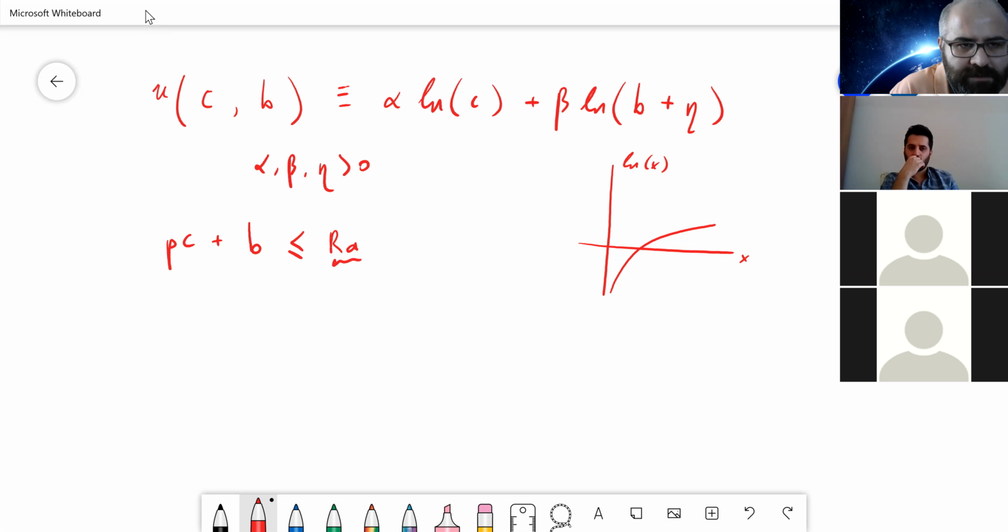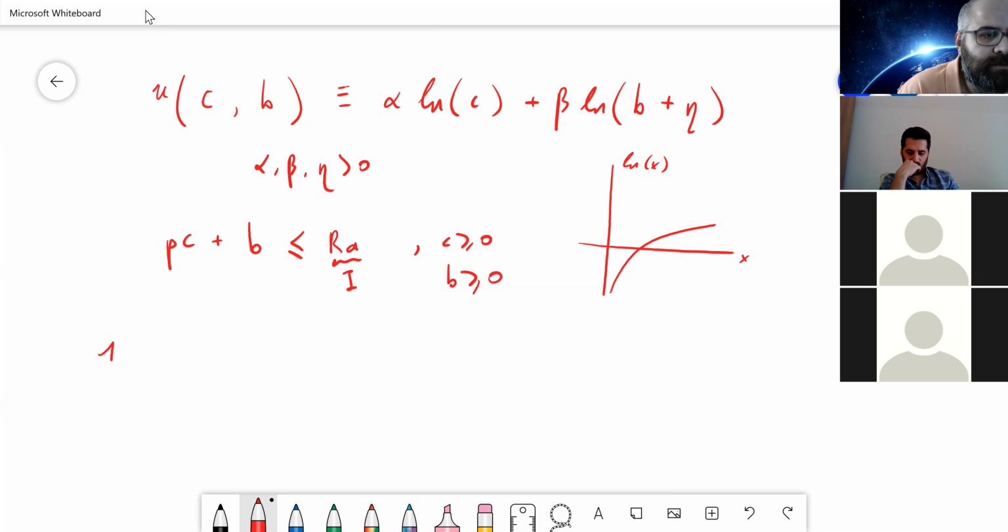So you can simply denote it as income. It doesn't really matter. And of course, consumption must be non-negative, bequest must be non-negative. You cannot leave a debt to your kid. Either you give 0 or you give a positive amount of bequest. You cannot leave a liability to your kid.